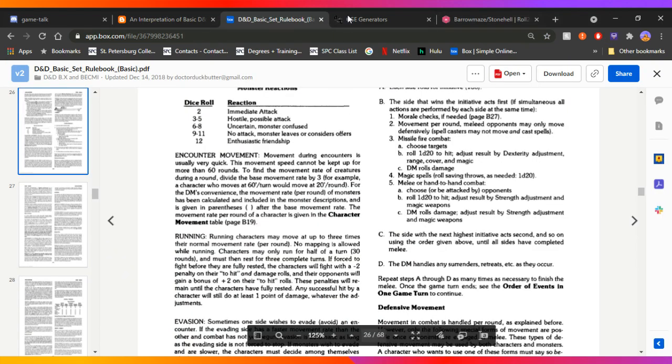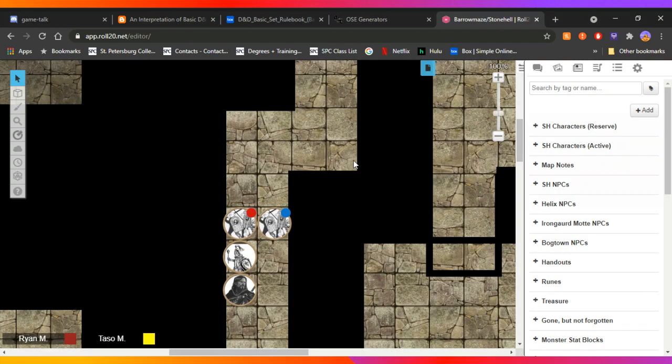The problem I have with the whole engagement rule and the idea that they have to swing at someone is this: if the orc was here and the cleric attacked red but didn't attack blue, then I have to start tracking who attacked who. And that doesn't seem very basic to me. That seems very fiddly, that I have to keep track of it.